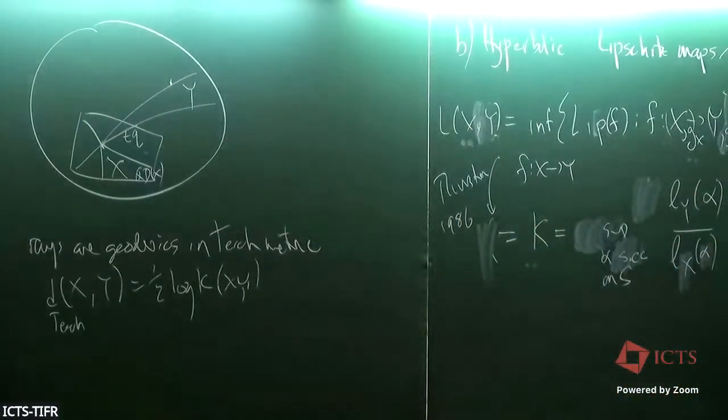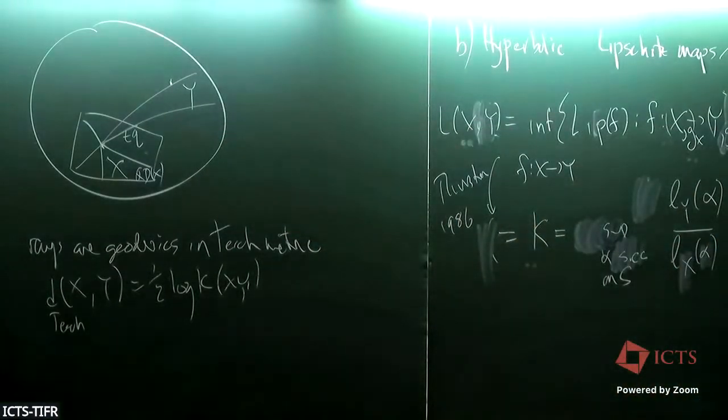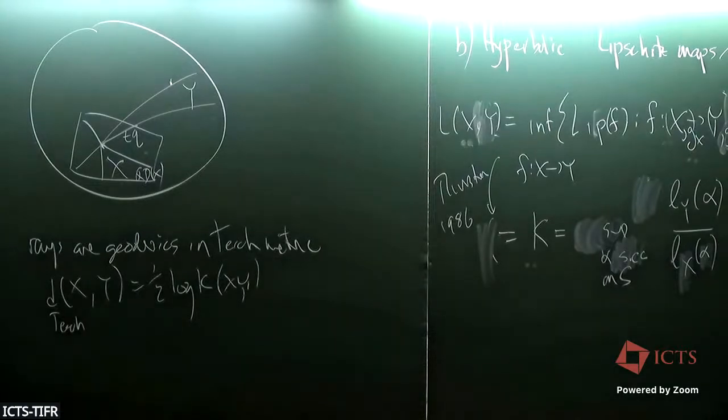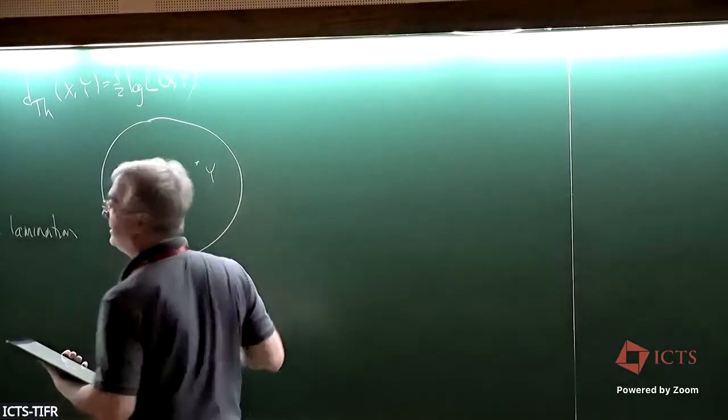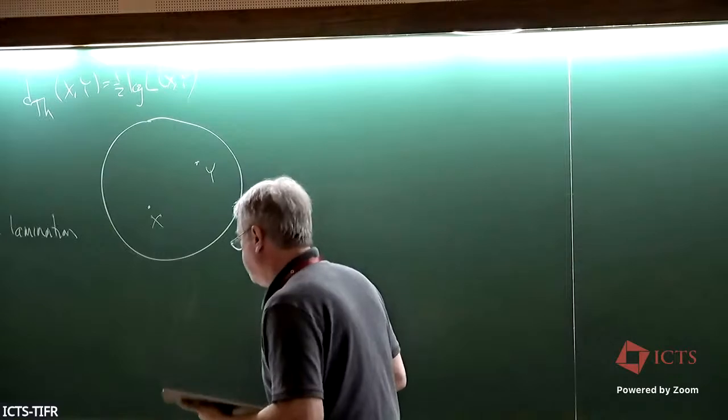These are more difficult in the Thurston metric. So in the Teichmuller metric, there are geodesics. In the Thurston metric, we could be in a good situation.